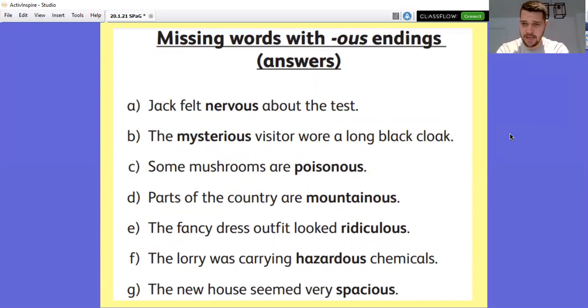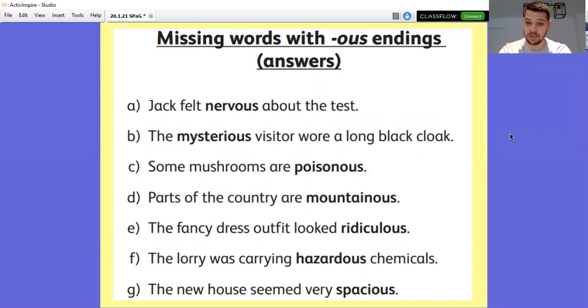And I put this one at the end because I told you that if a root word ends in E, you chop that off and add OUS. But we know the English language isn't always as straightforward as that. We always have what we call anomalies, things that don't fit the rule. And this is one of them.